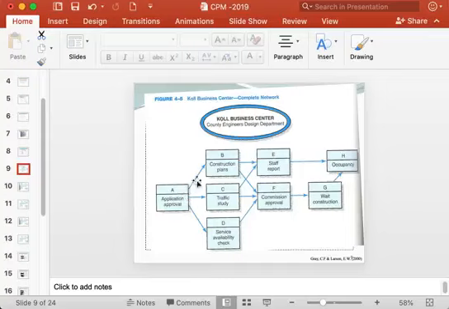You can see the arrow showing the precedence and flow. So this end of the arrow is showing the activity A preceding activity B, and the arrowhead here on which activity B is drawn shows the flow from activity A to B. Okay.